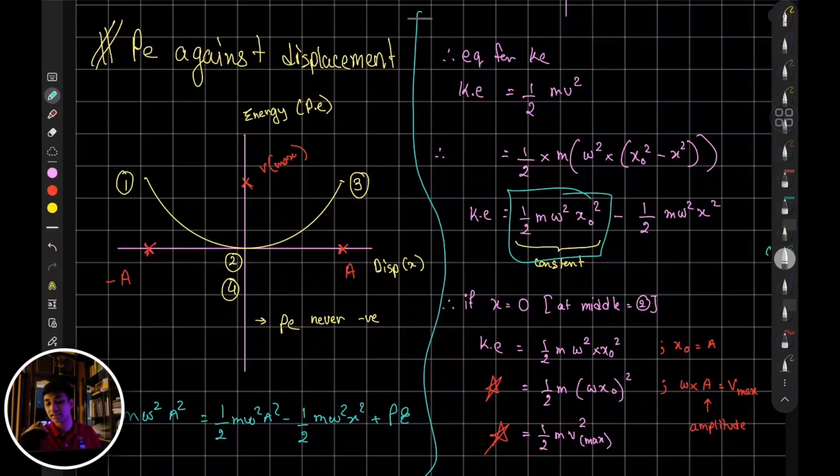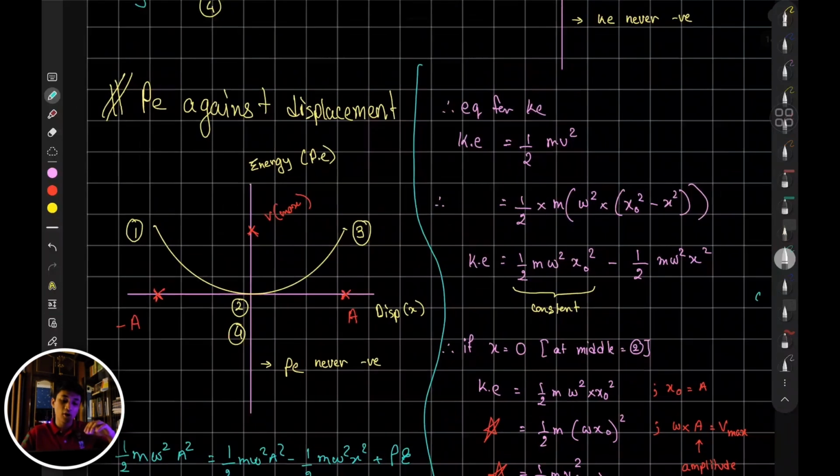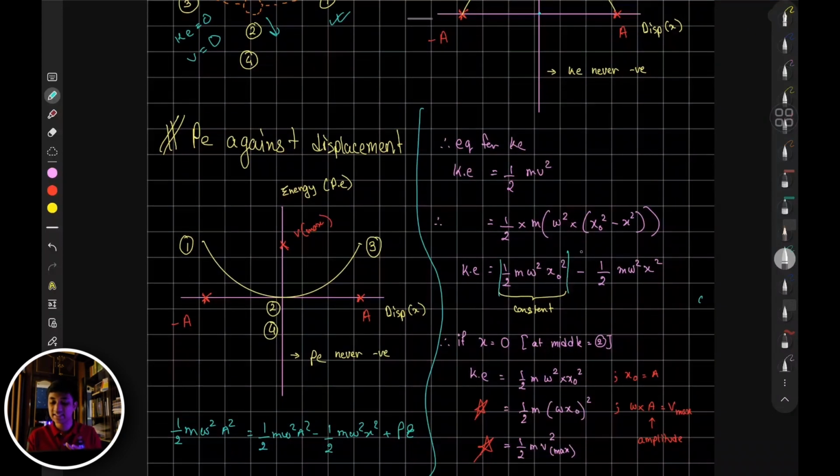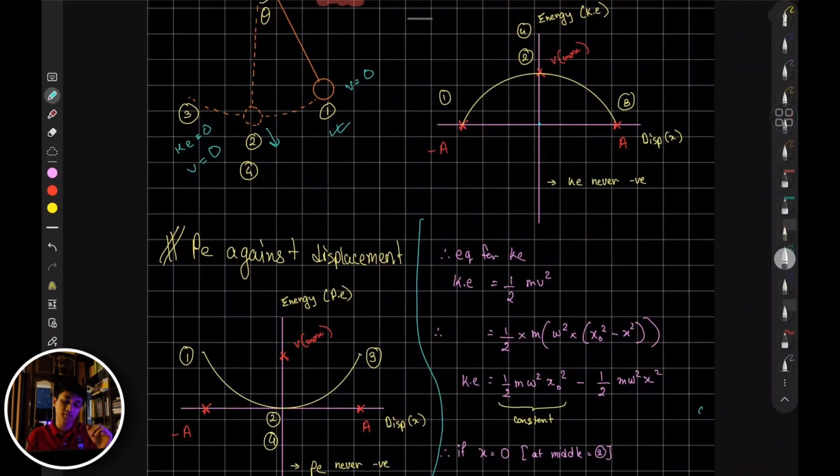This is constant. This is applicable for any scenario. If you know omega squared, x naught squared and the mass, you can find out the maximum possible energy of the bob at any position, which is constant throughout.